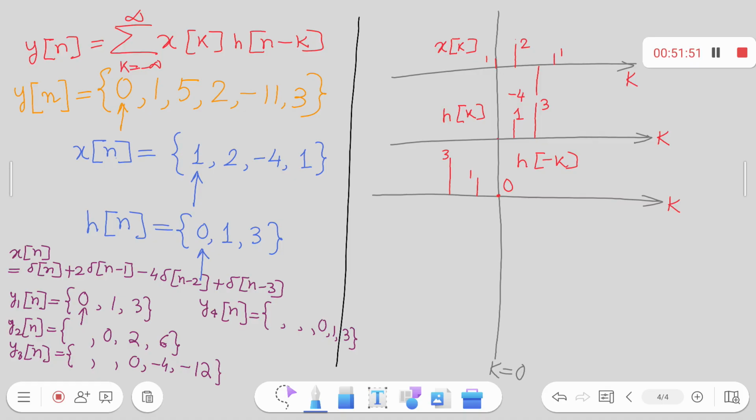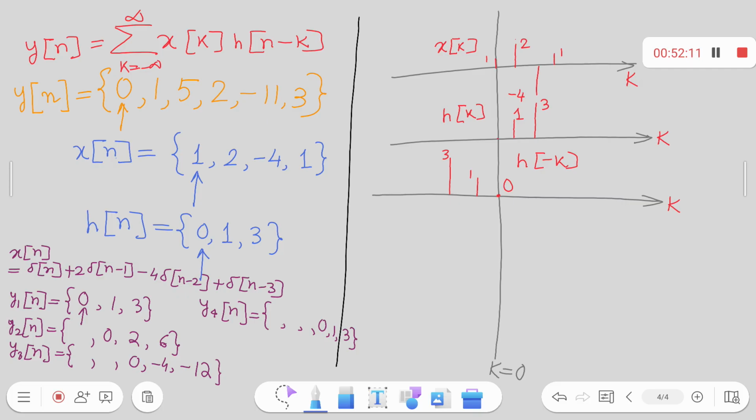So, if you would like to find out y of 0, that means what? You have to put n is equal to 0 in this particular equation. What is that? Y of 0 means the value of y of n at n equal to 0.